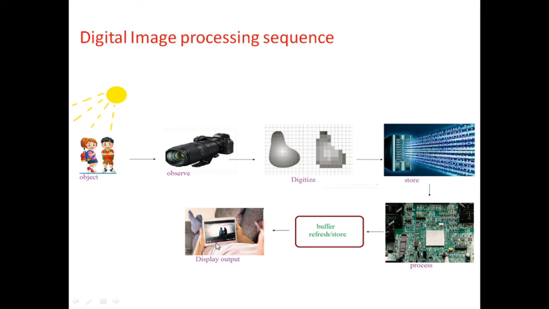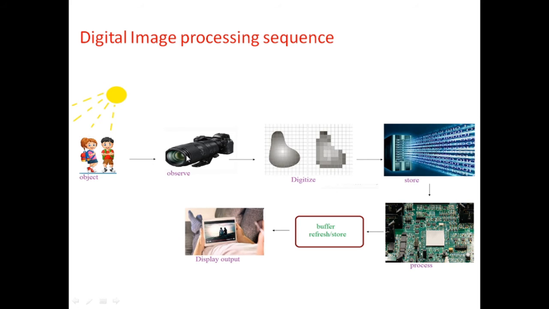That is the concept now. Okay, so two people are standing under the sun, a boy and a girl. A camera is acting as an observing agent. It captures these two.